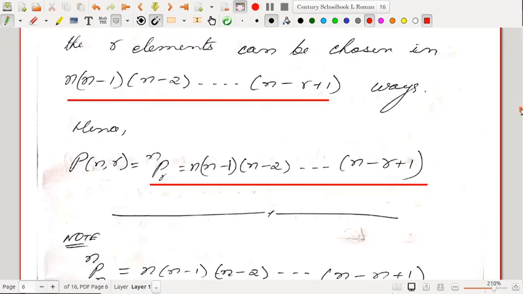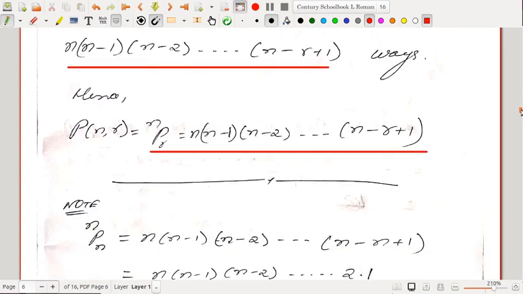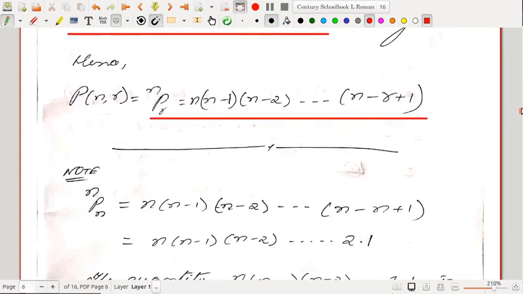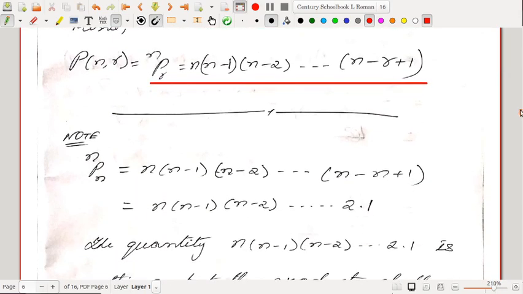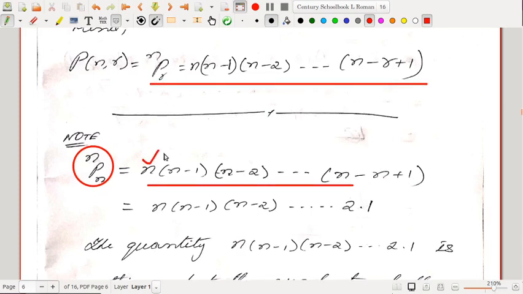Okay, so we will develop a simpler formula for this, one that all of you already know. Before that, please note nPn. What is nPn? By the above formula, it will be n into n minus 1 into n minus 2, and the last term, with r replaced by n, is n minus n plus 1, which is 1. That means starting from n, we come down by decreasing one at each step, up to 1.